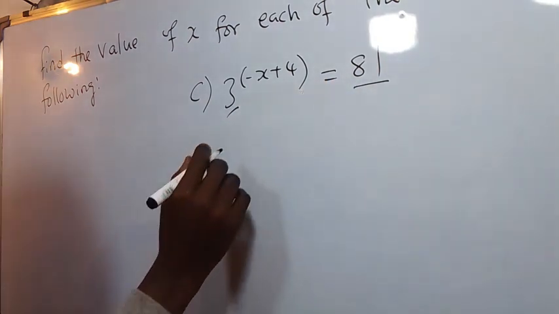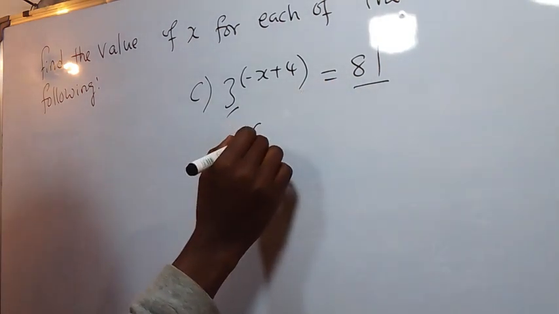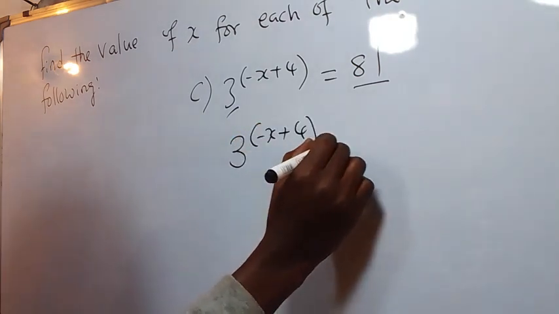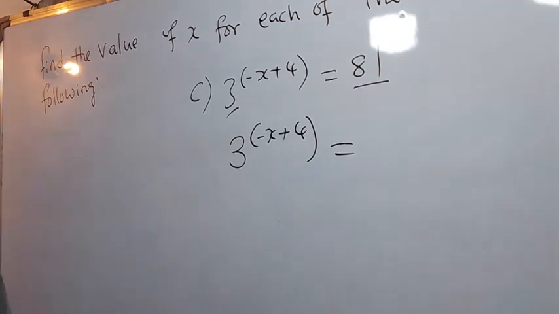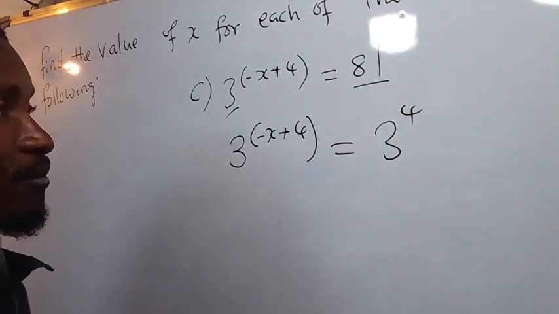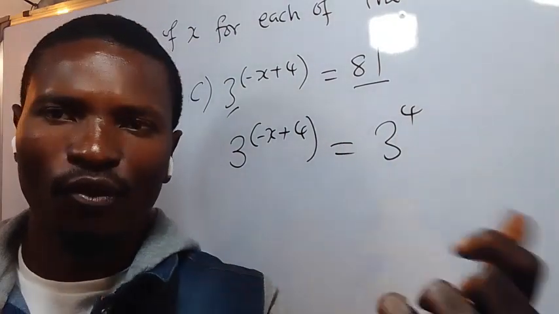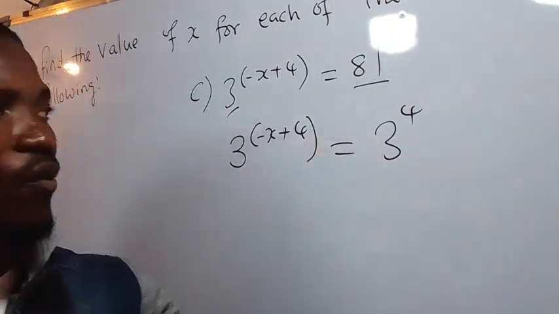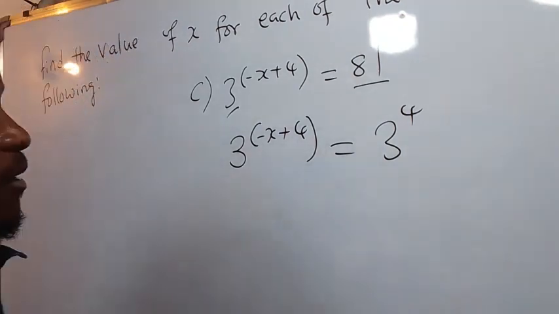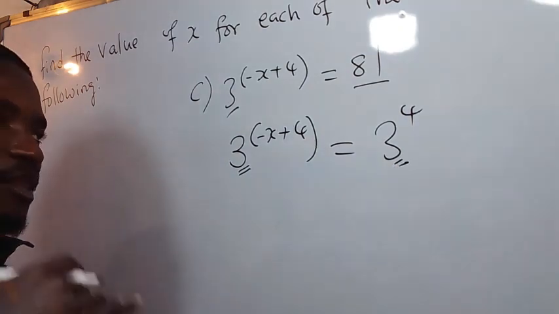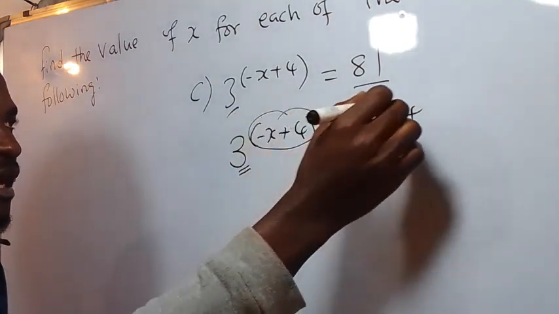So what you need to understand is, you say 3 raised to the power open bracket negative x plus 4 equals that. Now it turns out that you can simplify 81 by saying 3 to the power 4. So 3 to the power 4 is the same as 81. Now we are dealing with indices, or rather exponents. The moment you make the bases the same, then we assume that even the powers are equal.